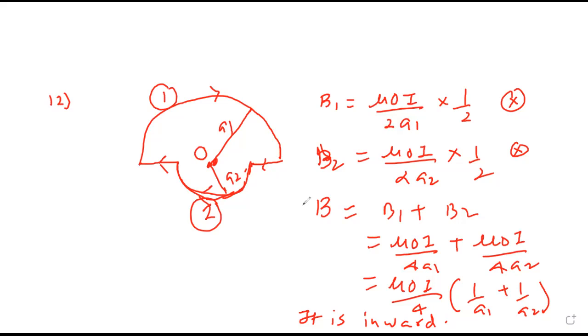Done, sir. Next one, 14th. Current I is flowing through the adjoining bent wire. Find the magnitude and direction of the field at the center.